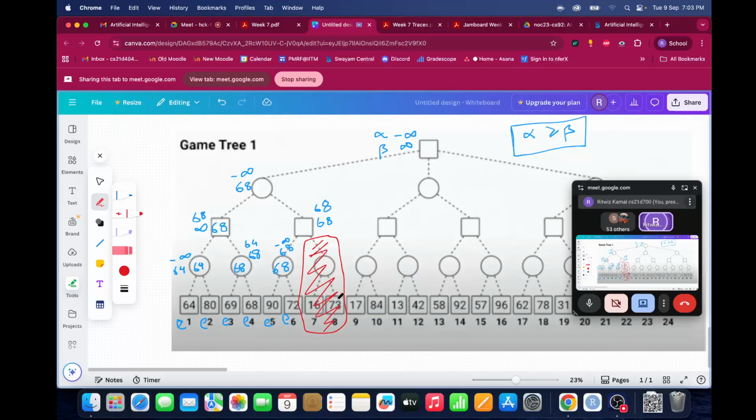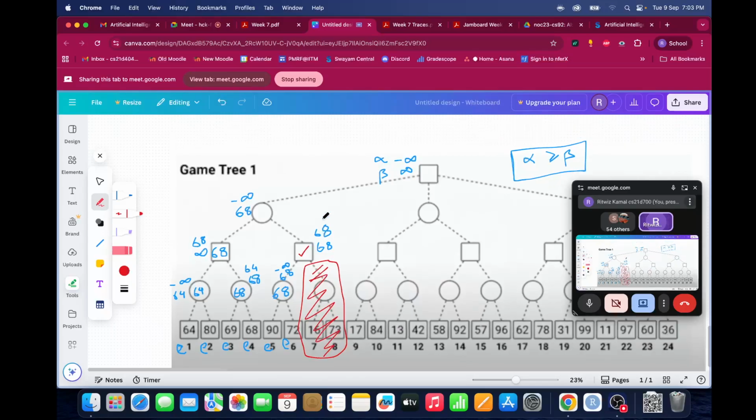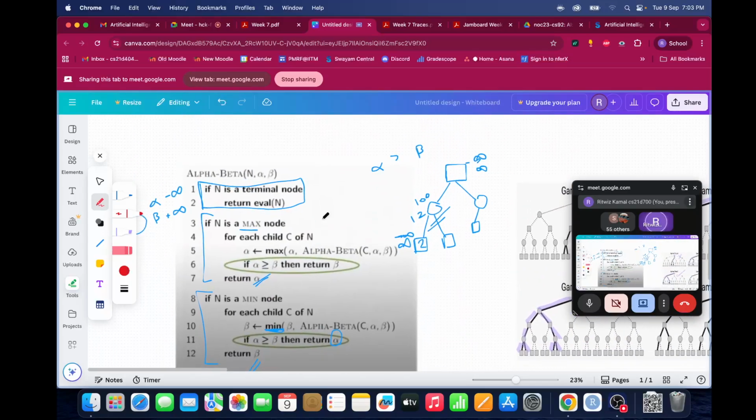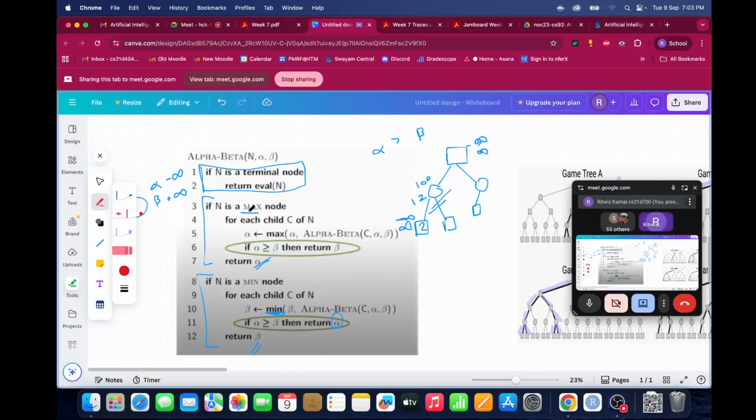Now we have to decide whether this is a beta cutoff or an alpha cutoff. To identify that, we have to look at which node we were inspecting. This node that we were inspecting was a max node. Let's have a look at the pseudocode. If n is a max node, if alpha is greater than or equal to beta, then we return the beta value, not the alpha value.